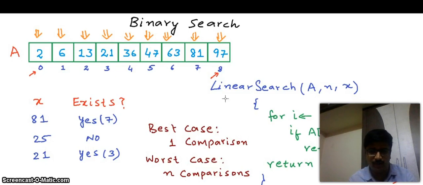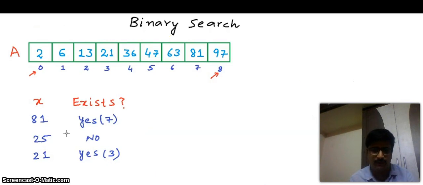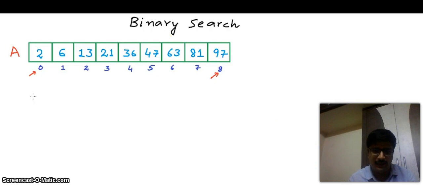Using the extra property of the array, that it is sorted, and I will make some space here first. Let us say we want to find out whether 13 exists in the array A. So x is 13, and we want to find out whether x exists in the array A. Now we will use a different approach this time.